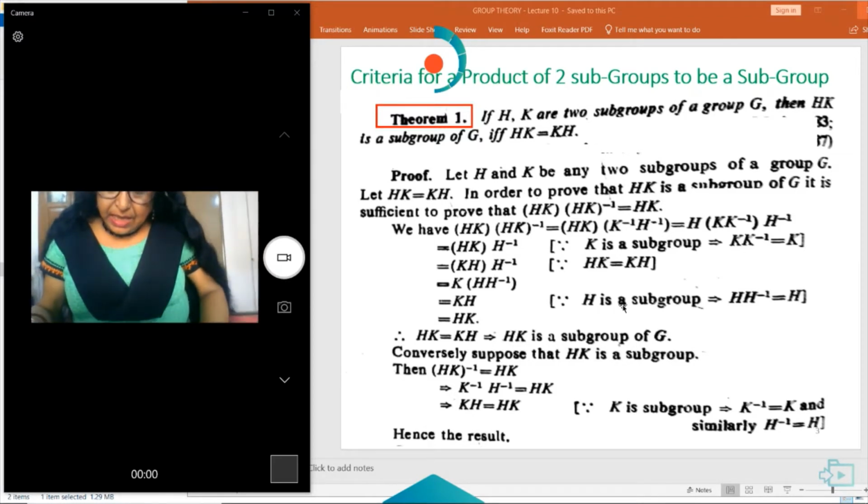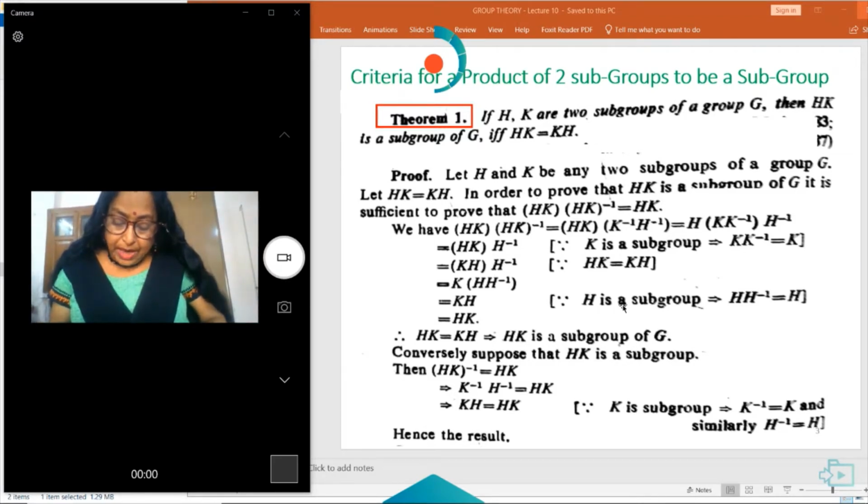Since K is a subgroup, KK inverse is equal to K, and H is a subgroup, so H inverse is equal to H.